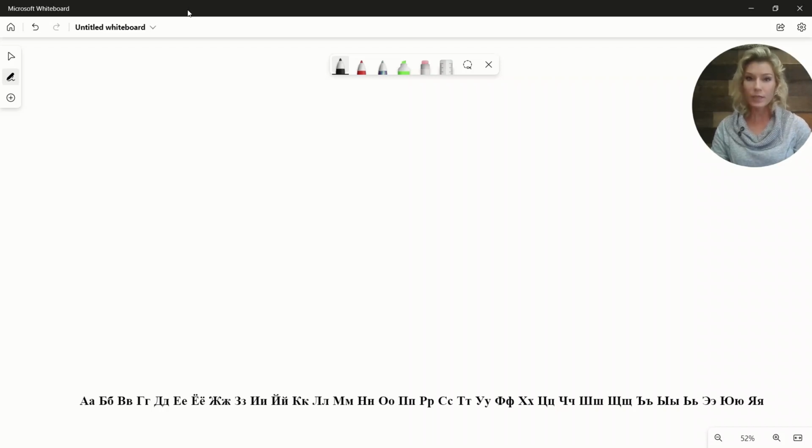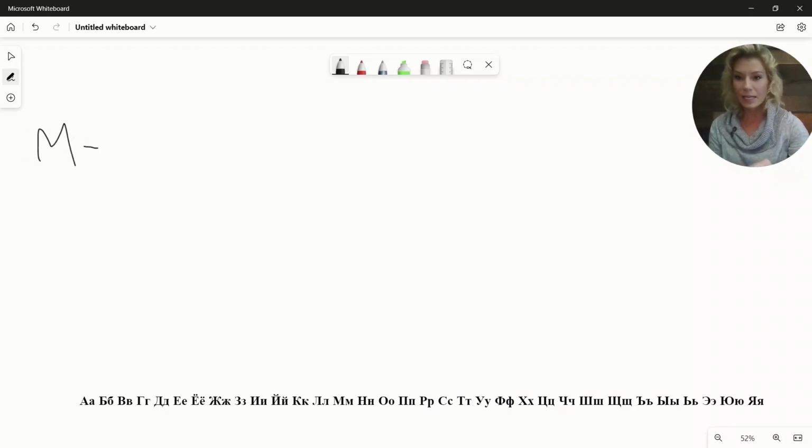We have 4 different endings when speaking past tense with these verbs, and there are 4 because we speak in genders. There's masculine, feminine, and neuter genders, and then we also have to include plural. So let us start with masculine.